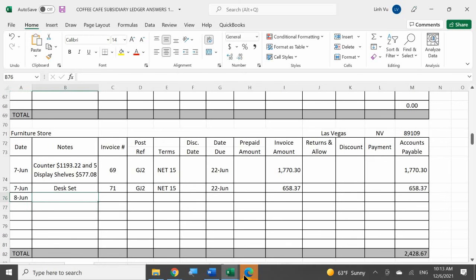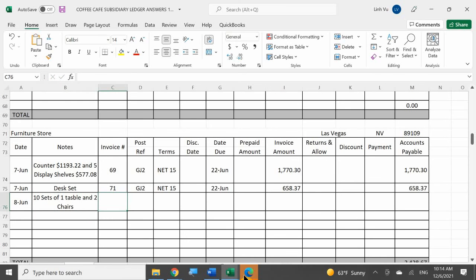Because we received our 10 sets of bistro tables, in this case invoice number 75, General Journal number 3.